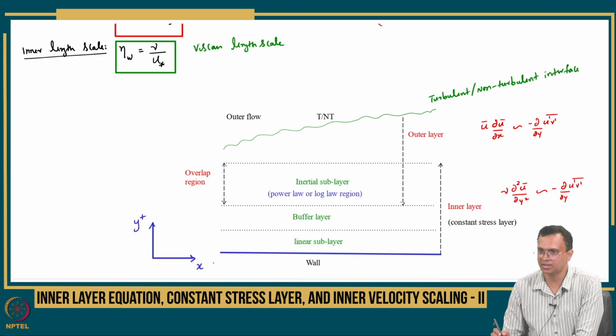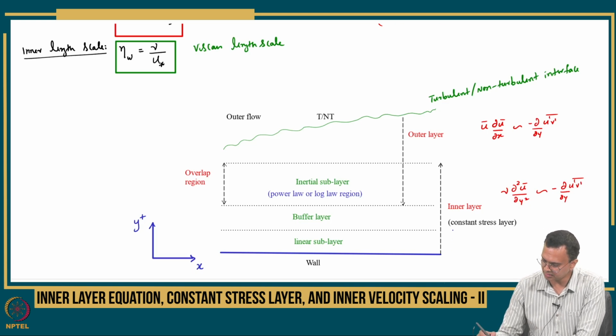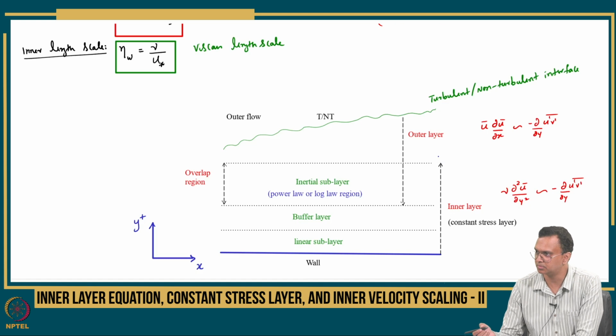I will not use x plus because that is not a wall normal coordinate; the viscous length scale is defined for the wall normal component. So in y plus, there is a zone at which the viscous effects become negligible, and beyond that the outer layer becomes dominant.